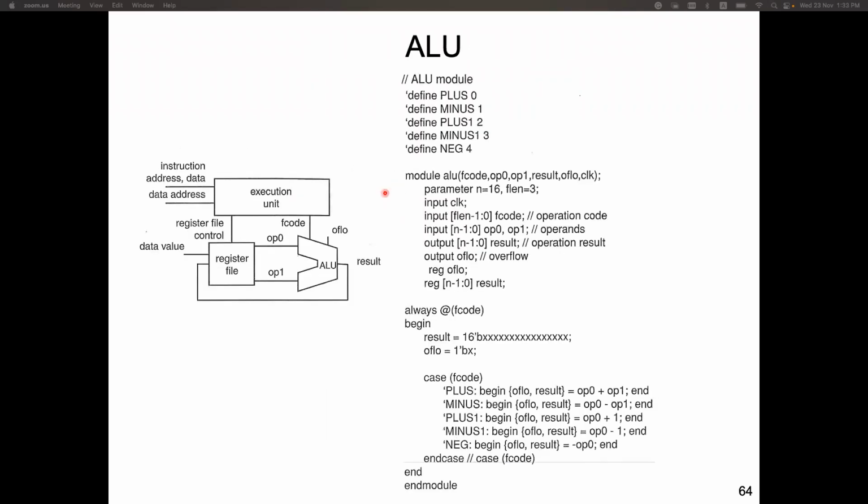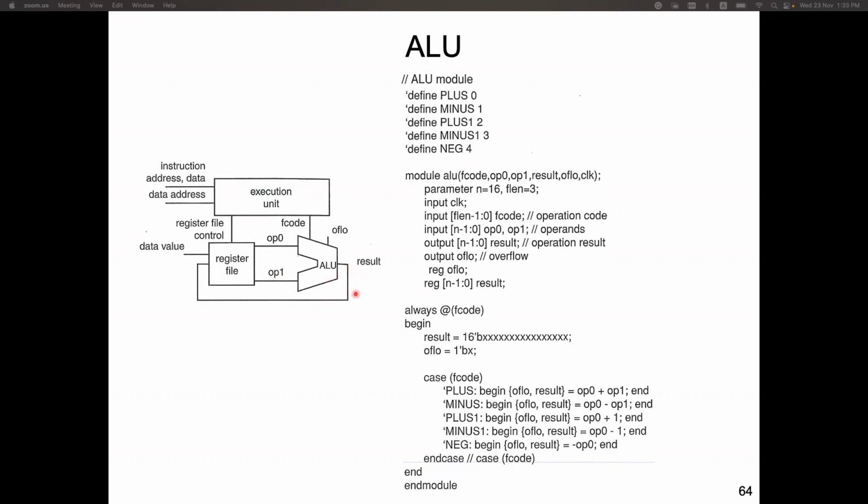But still, let's briefly review what the ALU has. Let's look at the input and output ports. It has 2 data inputs, operand 0 and operand 1, each of them 16-bit wide.